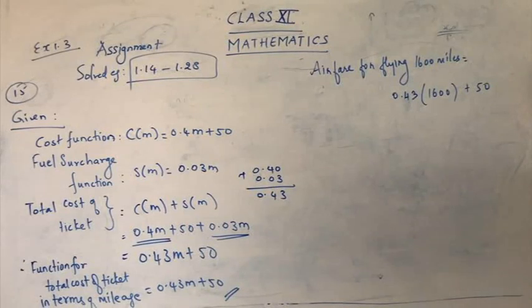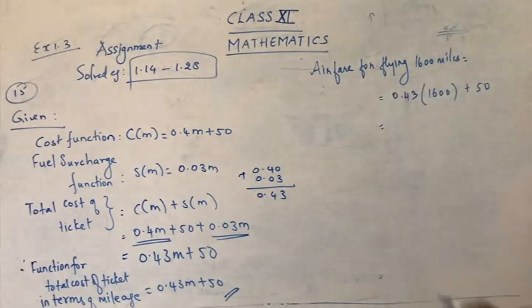We have got a function for total cost of ticket, that is 0.43 M plus 50. So I have substituted. So now you are going to solve and give me the answer. Come on, work out and give me the answer. Solve.